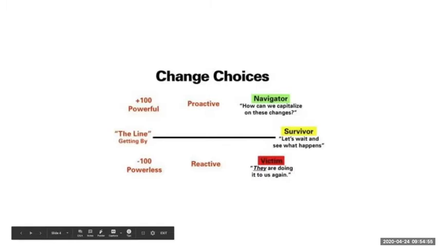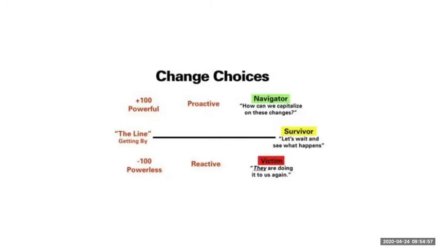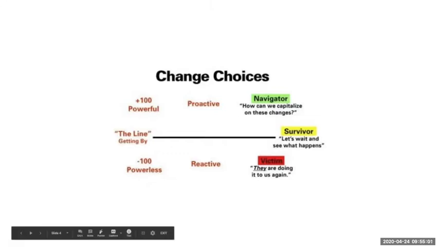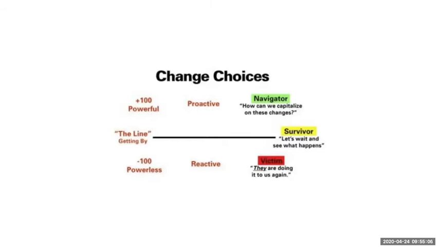Jim Clemmer, who is a businessman, has talked about, we may not have a choice about change, but we have a choice about how we respond to it. And he talks about being navigators, survivors, or victims.